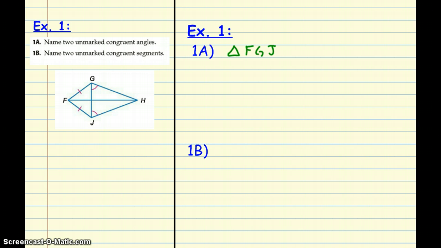Because we're told that FG is congruent to FJ, then we know or can say that angle FGJ is congruent to angle FJG. And why is that? Again, it's from one of those theorems that we just learned about. It's the isosceles triangle theorem.